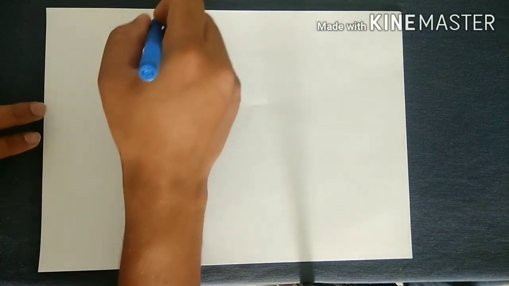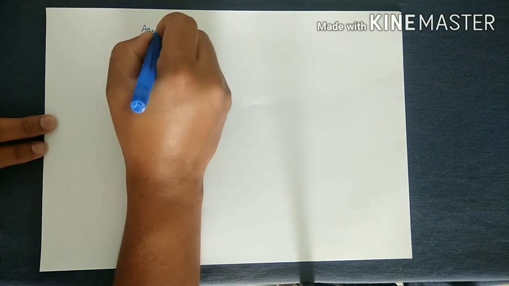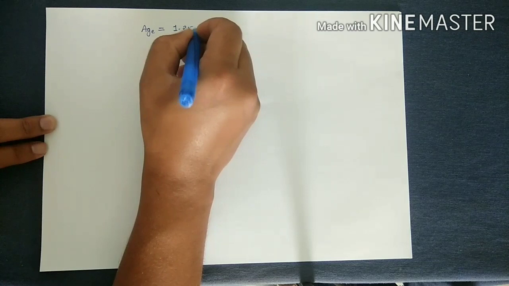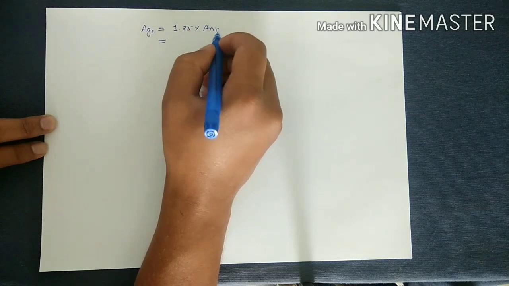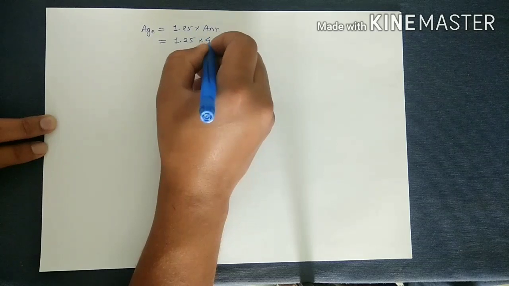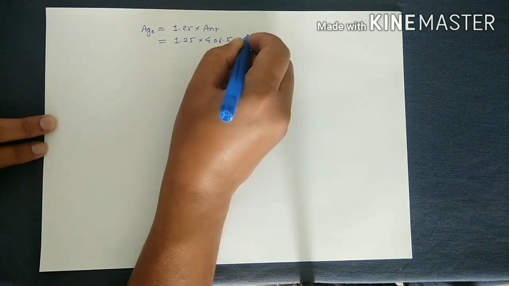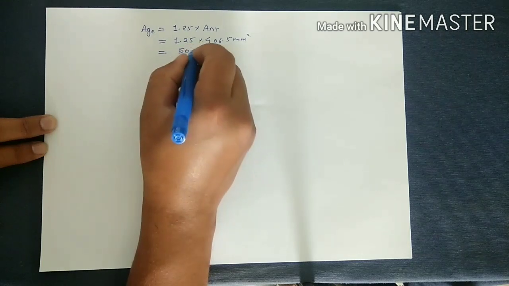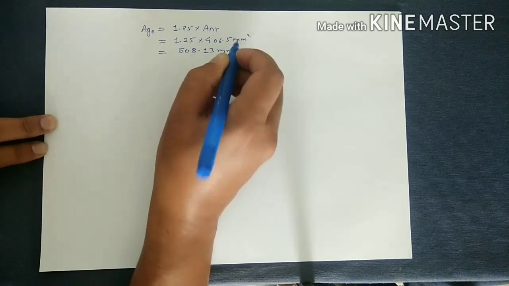Now we have to find the expected gross area. Therefore, Age will be equal to 1.25 of Anr. Putting the value of Anr, that is 406.5 mm square, it will be equal to 508.13 mm square.